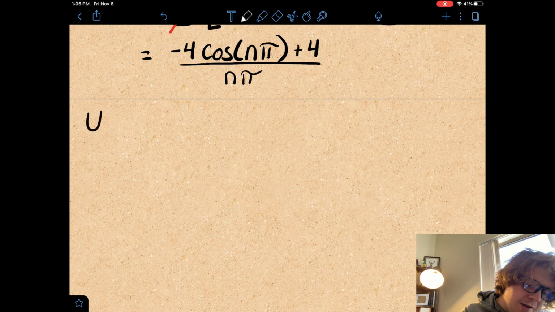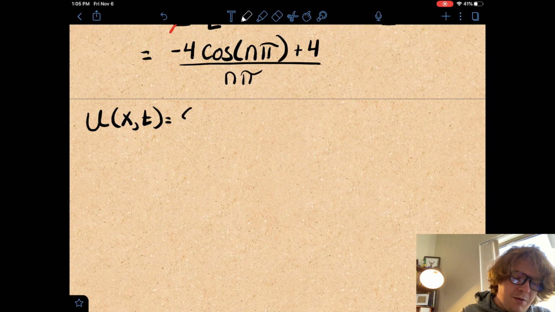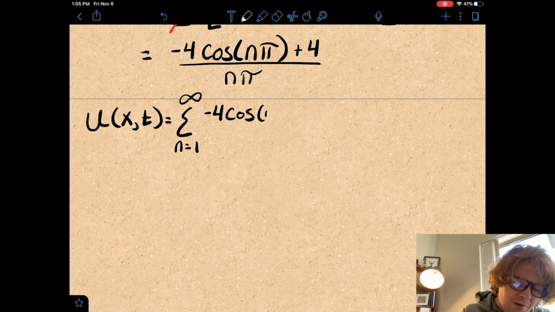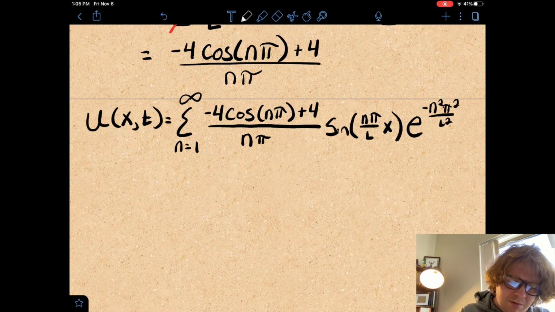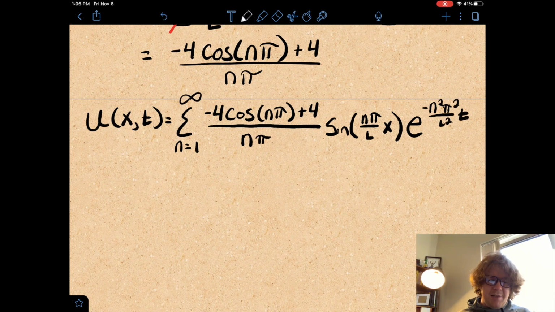So finally, we can tie this all back together, and what we have is u of x, t is going to look like the sum from n equals 1 to infinity of our b sub n's, which were negative 4 cosine of n pi plus 4, all over n pi, times sine of n pi over L times x times e to the negative n squared pi squared over L squared times t.